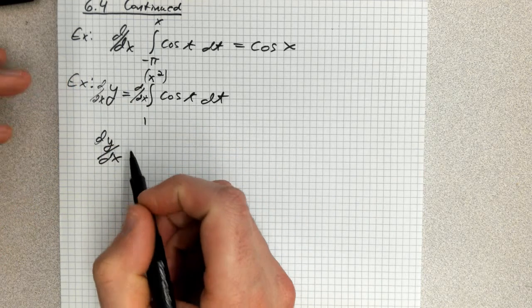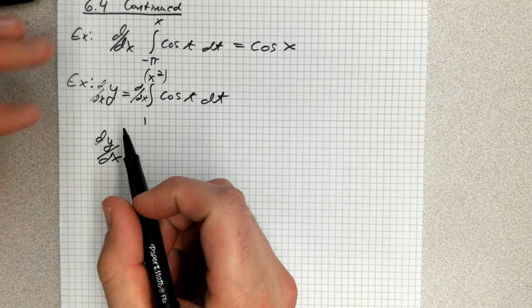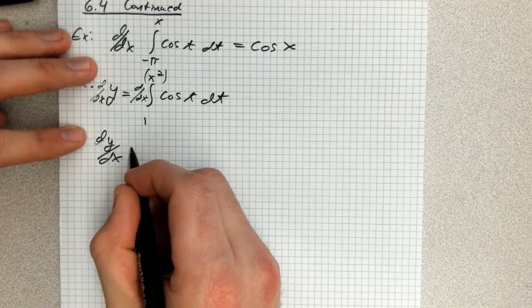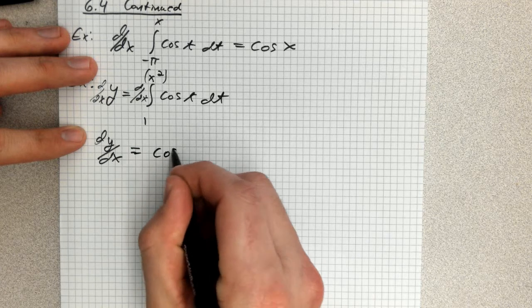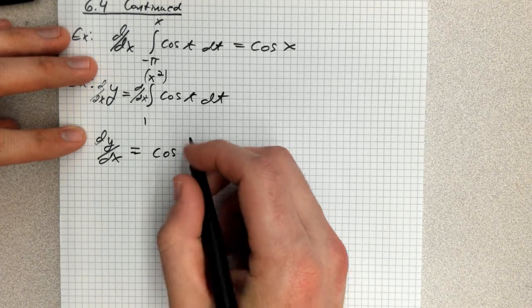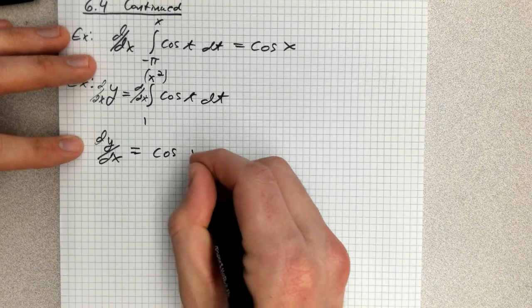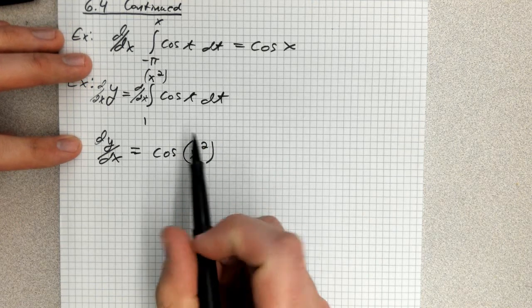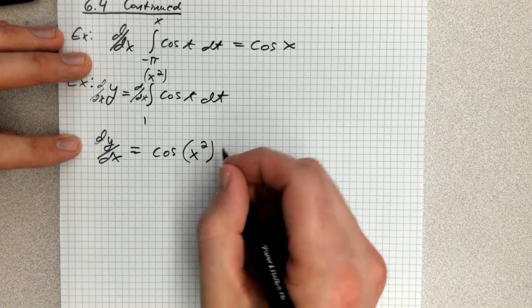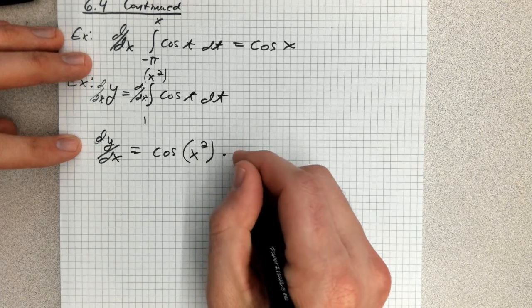So I will take the derivative of the outside, which will result in cosine of x squared. But then I have to times by the derivative of the inside, which was x squared, so I'm going to multiply by 2x.